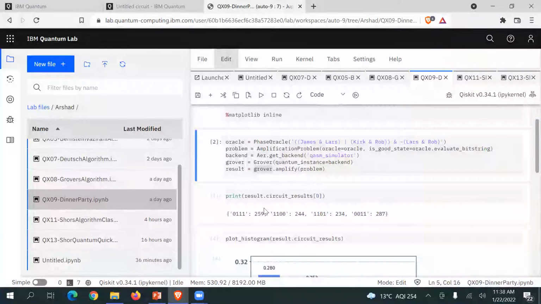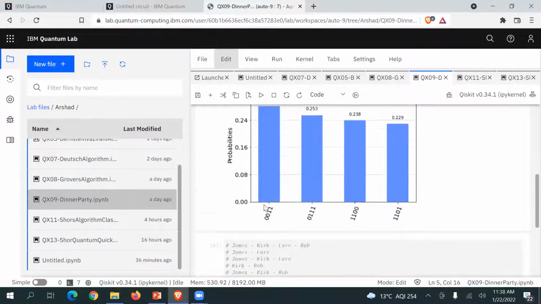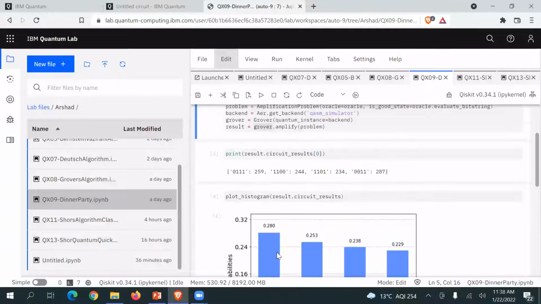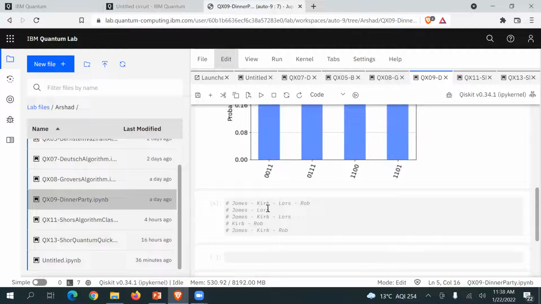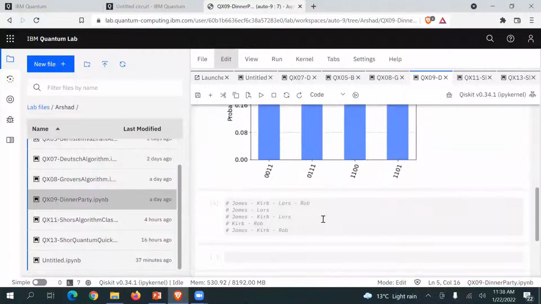So think of this direction, right? It gives the results like this. So this is a probability of this. So 0, 0, 1, 1 means, think of James, Kirk, Lars, Rob.